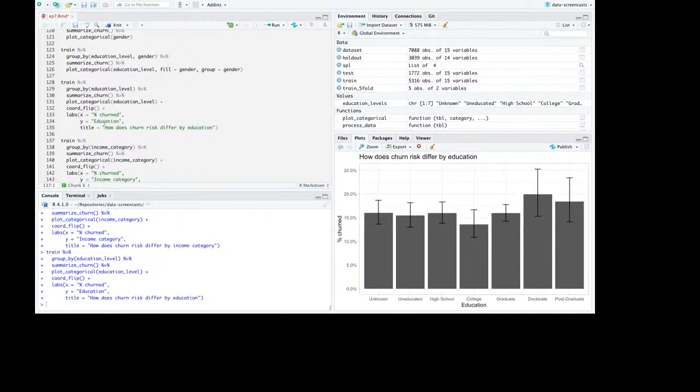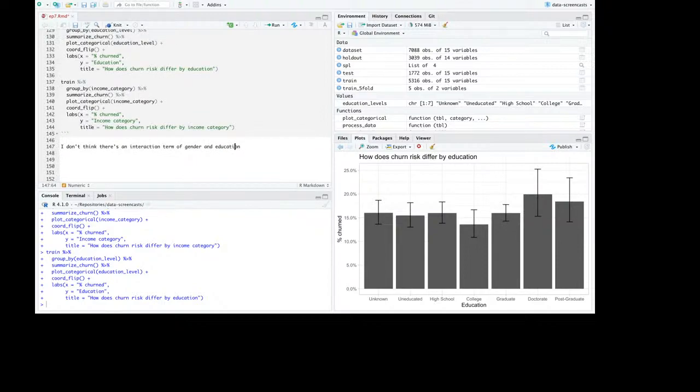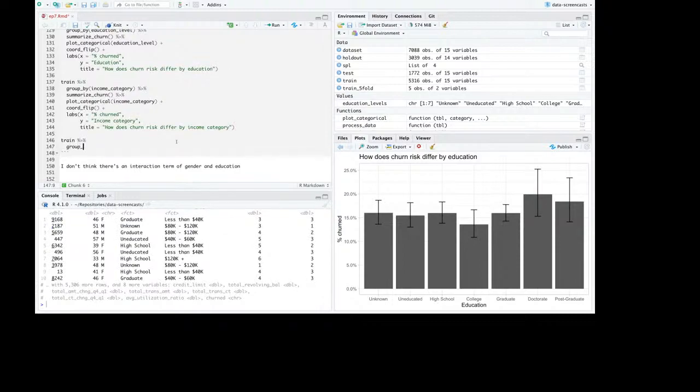I really wanted to get some of these graphs down: unknown, uneducated, high school, college grad, not a lot, maybe a little higher among doctorates. Hard to say, but that's going to be for the model to decide. Yeah, we have one more that I want to see, which was age.